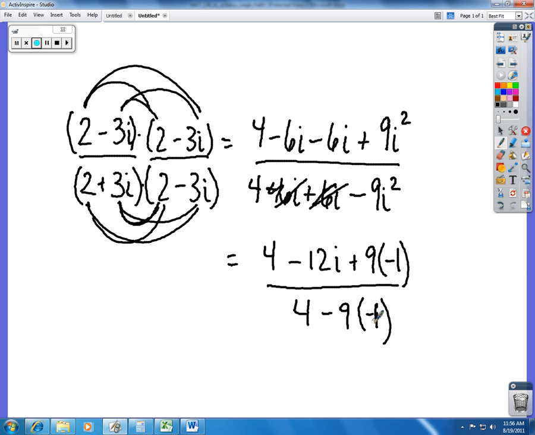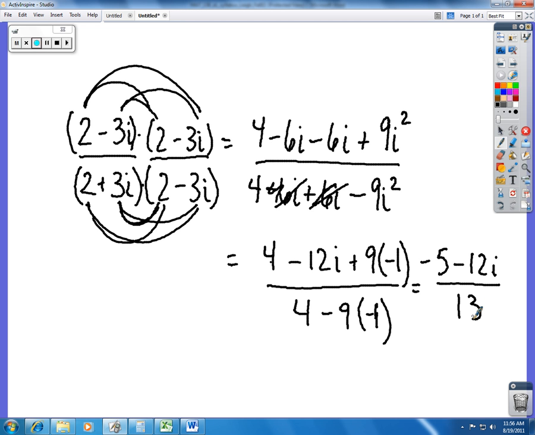Okay, now if I simplify this down a little bit further, I have this 4 and this negative 9. So 4 minus 9, negative 5, minus 12i, all over 4 minus a negative 9, which is a positive 13.